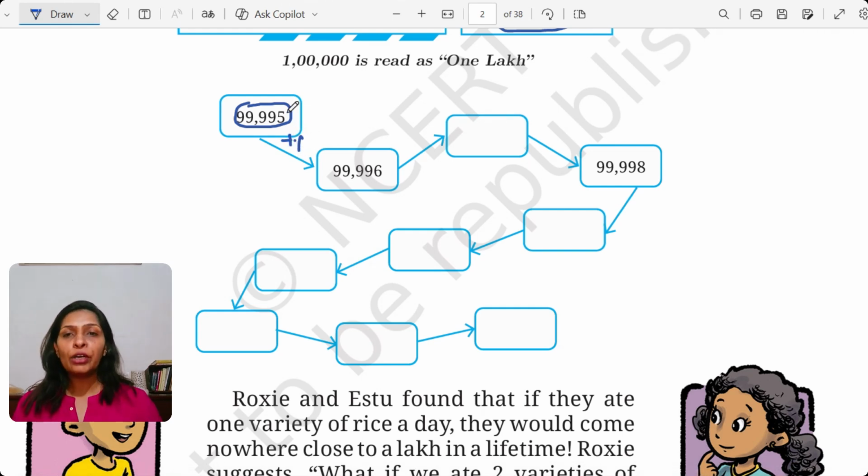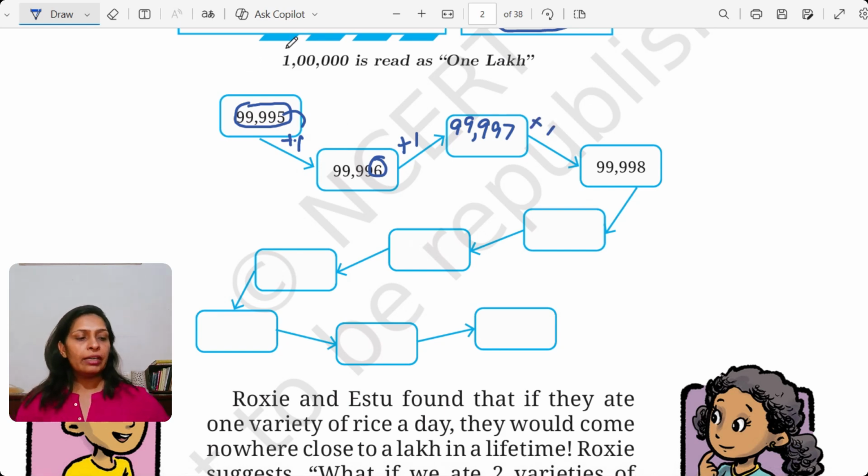If I add 1 to it, 5 plus 1 gets me 6 here. Then if I want to proceed to the next number, I will put plus 1 here. And when 1 is added, the number will become 99,997. Right? Similarly, I can keep on going and going.